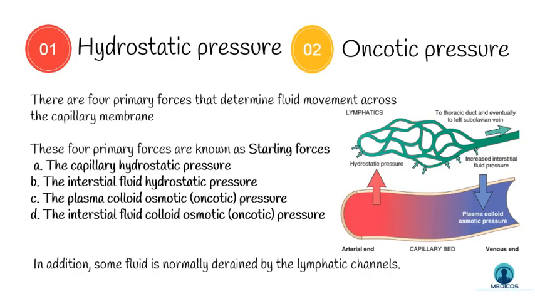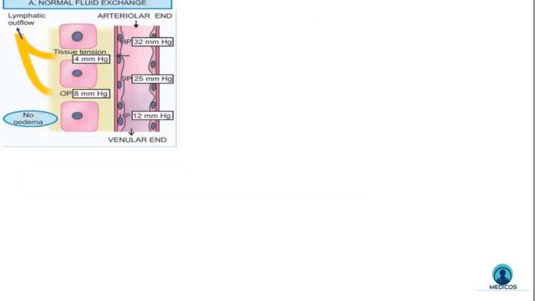Normally the fluid extravasated from the vessel is higher than the fluid that returns into vessels, so some proteinaceous fluid is normally drained by lymphatic channels. Usually excess fluid will accumulate in the interstitium, or edema is formed, when the capillary hydrostatic pressure is increased, or when the plasma oncotic pressure is decreased, or when the lymphatic drainage is blocked.